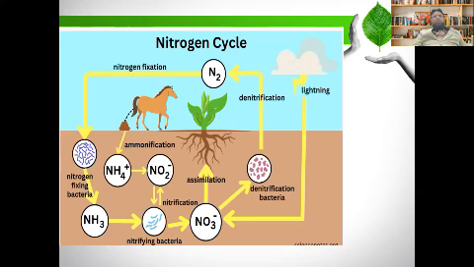Then there is another type of bacteria which we call the denitrifying bacteria, which convert nitrate into atmospheric nitrogen. So this is how the level of nitrogen is maintained in the atmosphere.